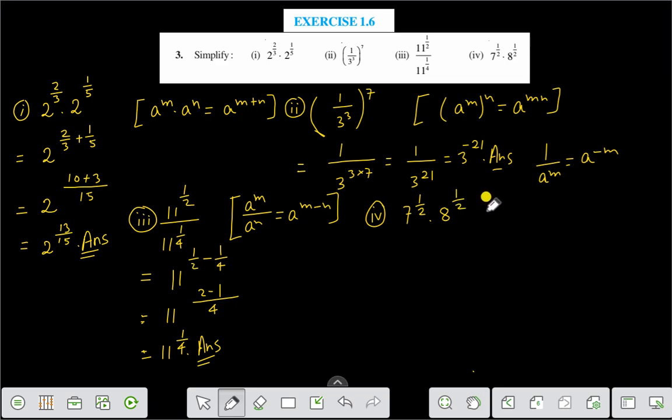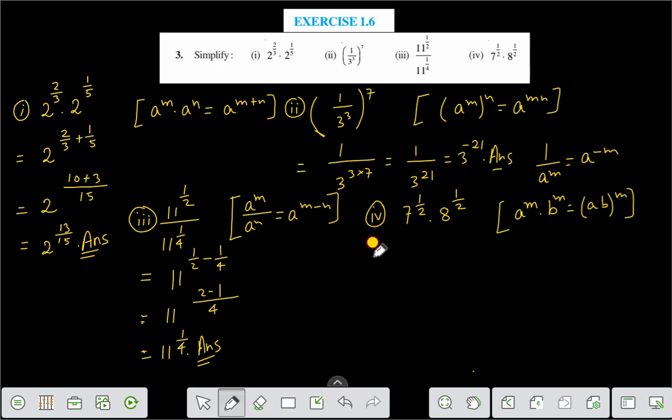Therefore, we can use this formula: a to the power m into b to the power m is equal to ab to the power m. We'll apply this formula here.